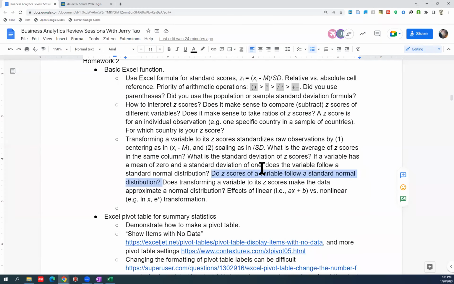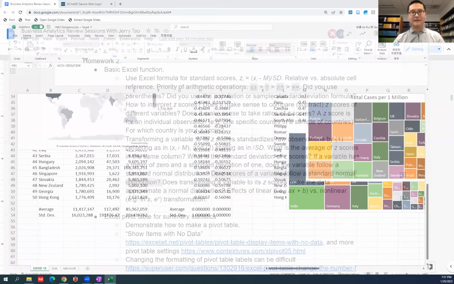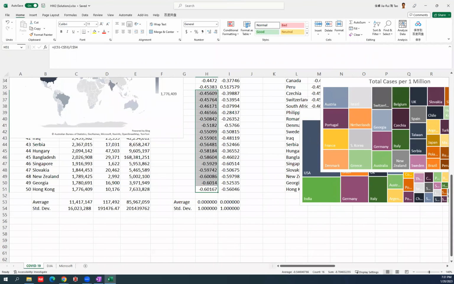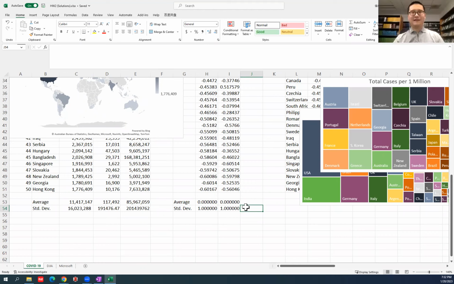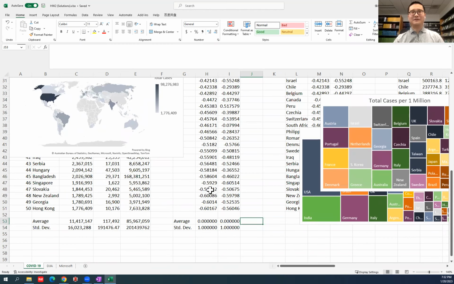Okay, question here, going back to the Excel spreadsheet, Jerry. Okay, I can do that. So are all of these z-scores a fraction of the standard deviation so that in total they equal the standard deviation? I'm not sure what you meant by in total they equal. Well, they equal 1, I guess, in total.